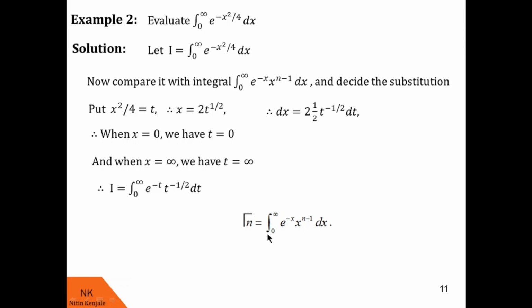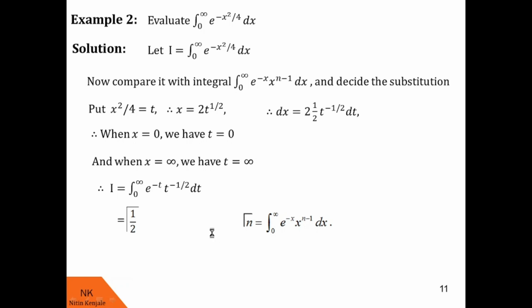We see that if this integral can be written as gamma of n by simply adding 1 in the power of x, this integral can also be written in terms of gamma notation by finding n. To do so, we have to add 1 in the power of t. So if I add 1 in the power of t, I will get half. So value of this integral is gamma of half.